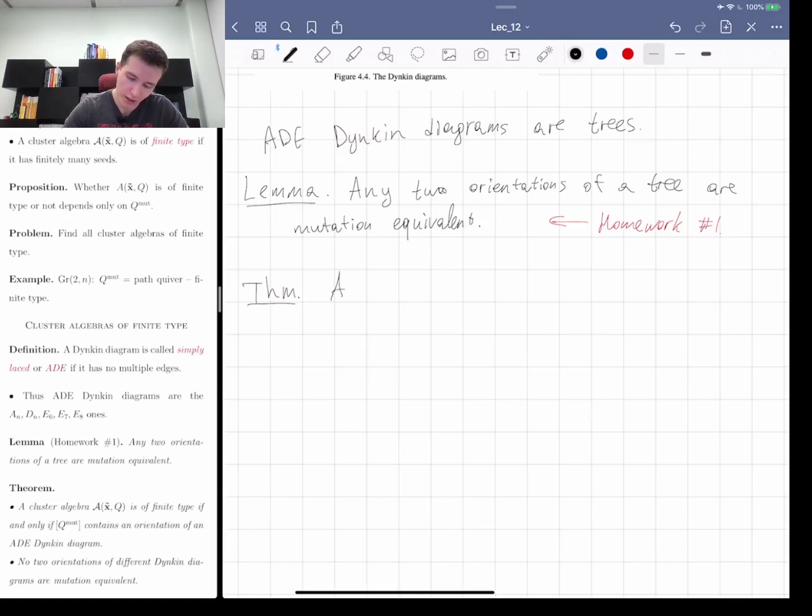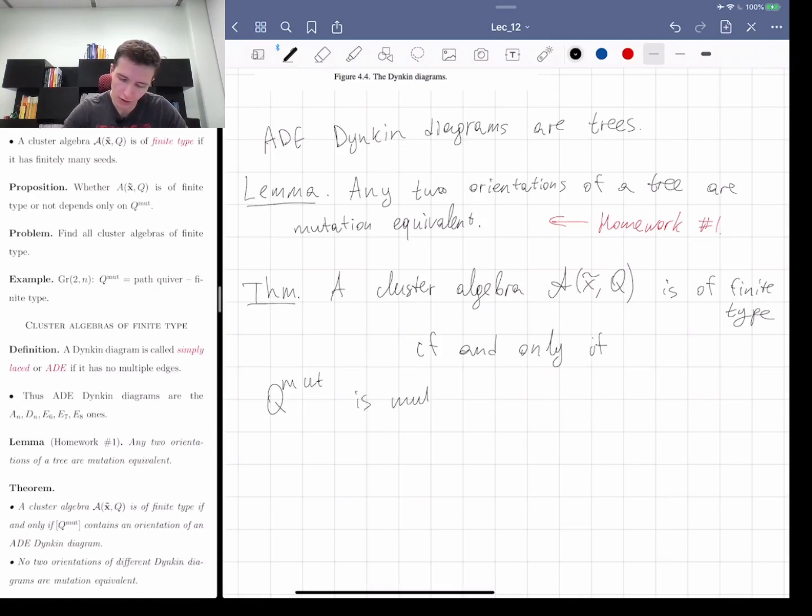More precisely, a cluster algebra for a given seed (x tilde, q) is of finite type if and only if the quiver q is mutation equivalent to an orientation of an ADE Dynkin diagram.